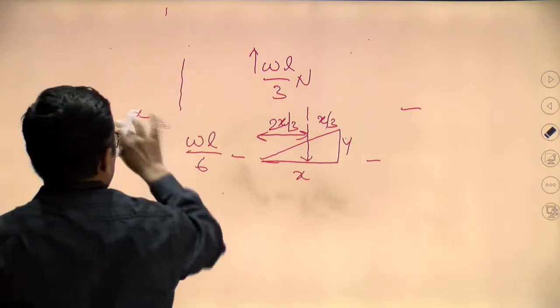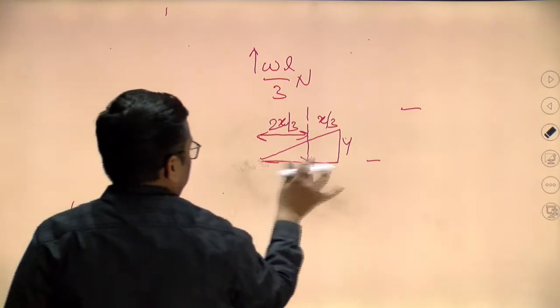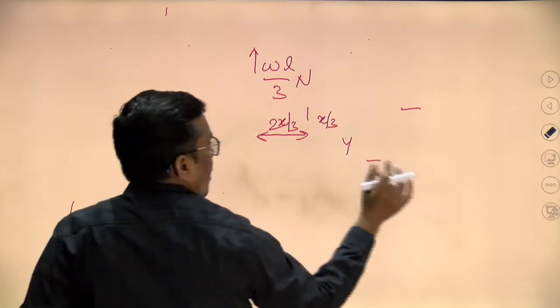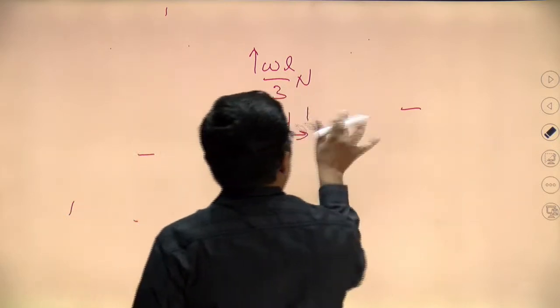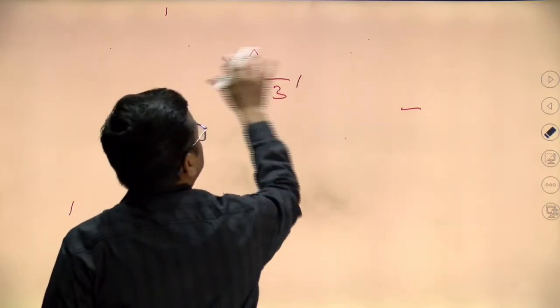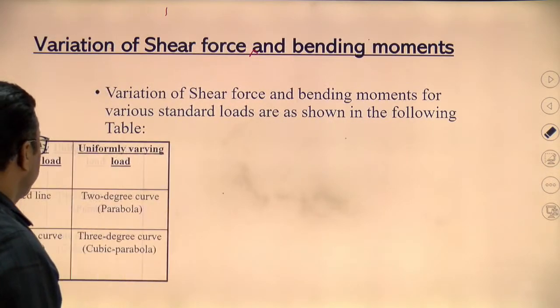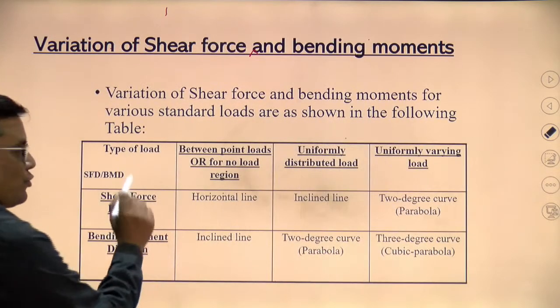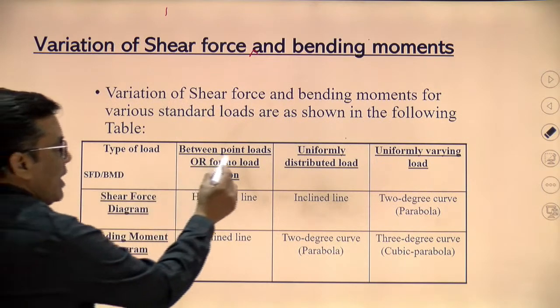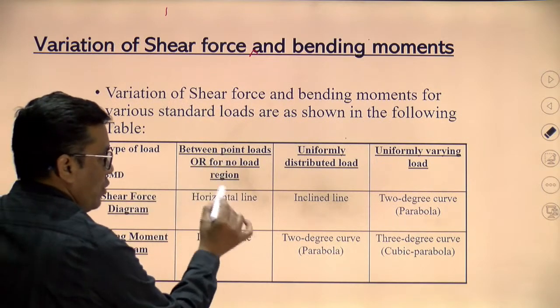Okay, so you can see. What it is? Shear force diagram. कैसा nature होगा? When the point loads are there, horizontal line.